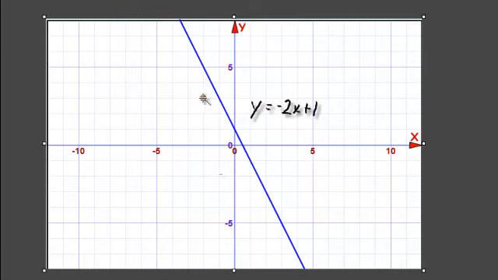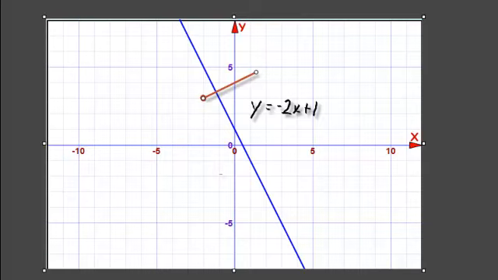It's got to go through this point and be perpendicular, so it's going to look about like that, because it goes through the point negative 2, 3, and it's perpendicular to our blue line.